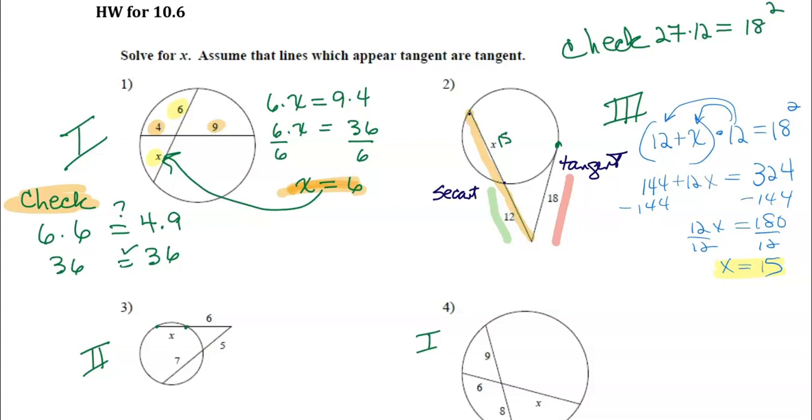So 27 times 12 is 324. So we're checking this, so it's unknown here. And then what I realized is that 324 is also 18 squared, so it checks, so I'm good to go. So that's a second point for that problem.